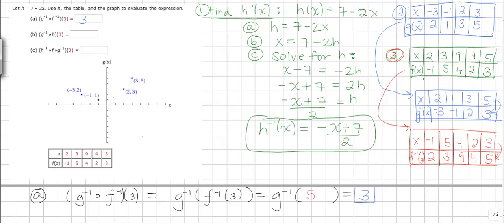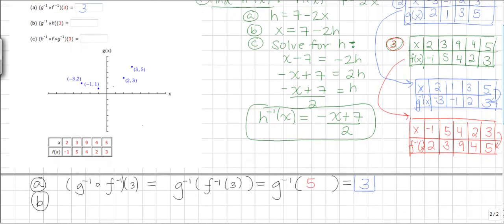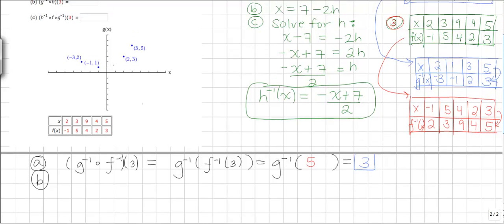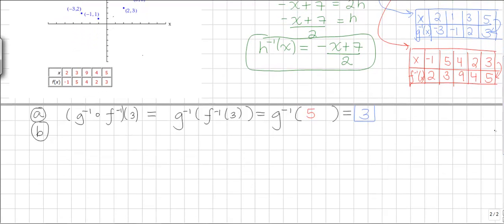Okay, now secondly, if I want g inverse of h of 3, then that means, literally, h of 3 is substituted into g inverse.